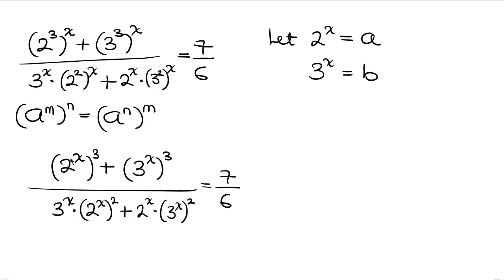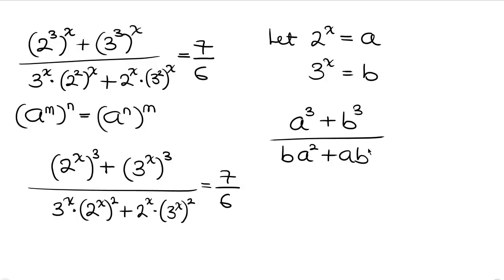So that means this becomes a cubed plus b cubed all over b times a squared plus a times b squared, equal to 7 over 6.